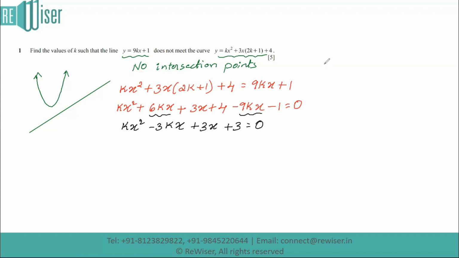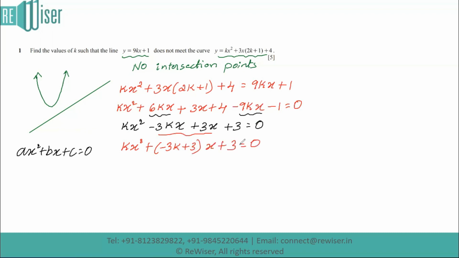The general quadratic equation would be ax² + bx + c. In order to figure out the values of a, b and c, I would factorize x out here. So that's kx² plus, taking x common, minus 3k plus 3 times x, plus 3.